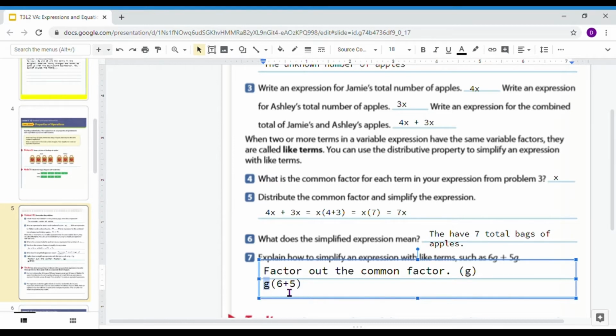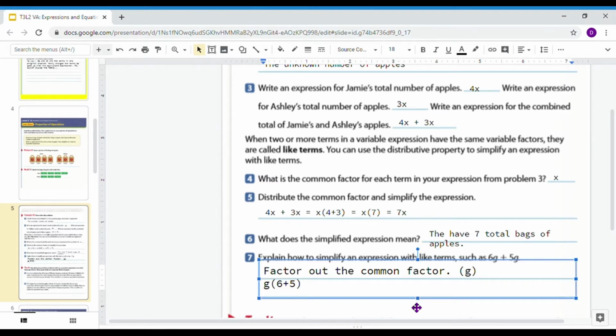And when you multiply it times each of these interior numbers in the parentheses, you should get the same exact expression. So in this case, I would do g times 6, and I would get 6g, and then plus g times 5, which is 5g. So I know that if I were to distribute it, I would absolutely get that same answer, and that is a great self-check.